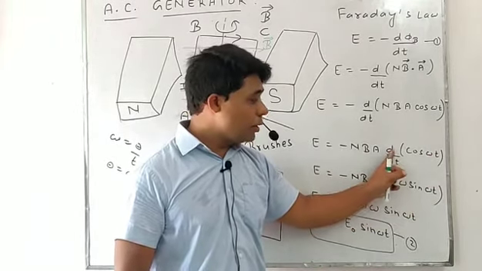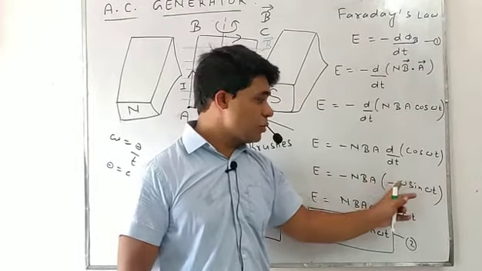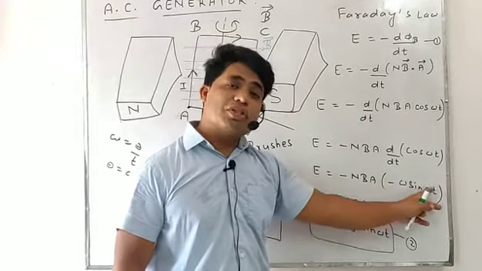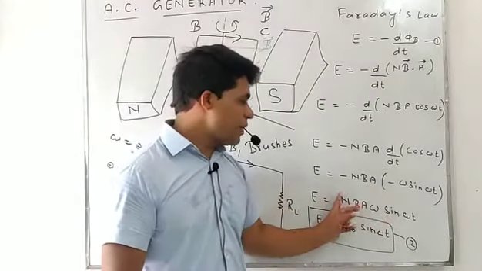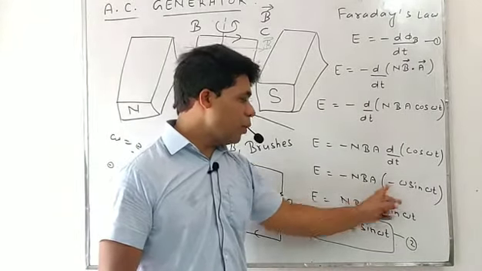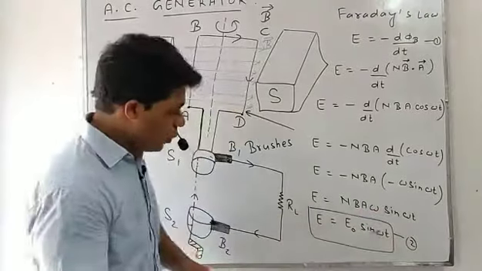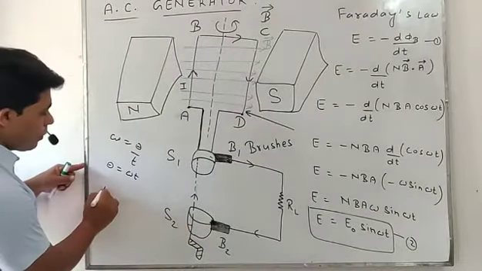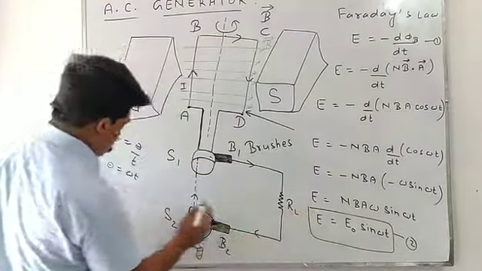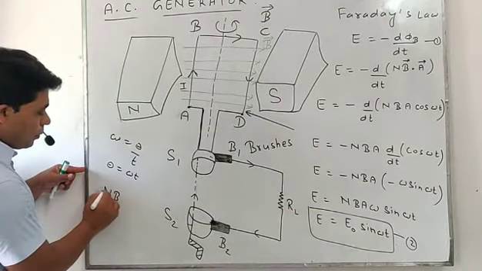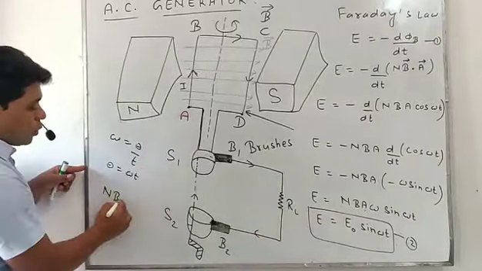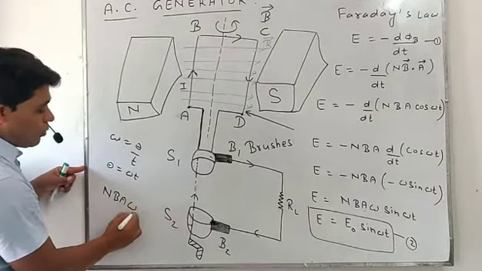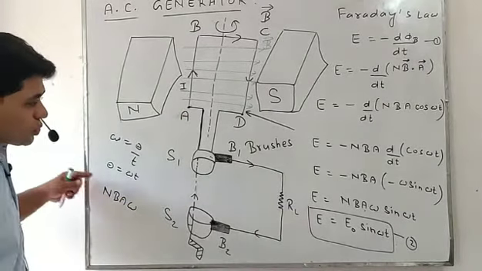I applied the formula d by dx of cos ax equals minus a sin ax. Now students, minus plus nba omega sin omega t. Here the number of turns is constant, applied magnetic field is constant, area of coil is also constant, and omega is also constant.